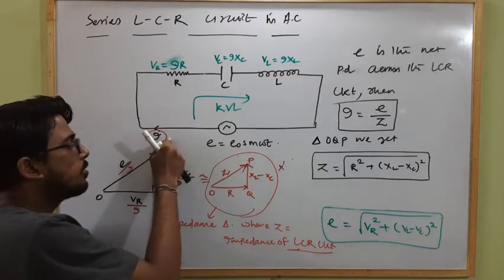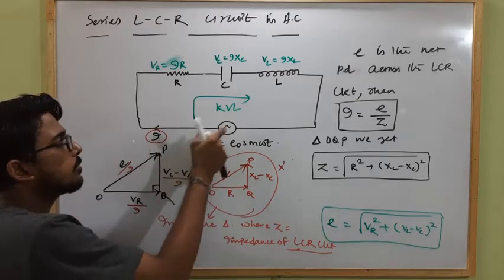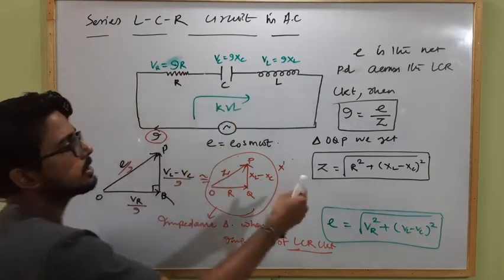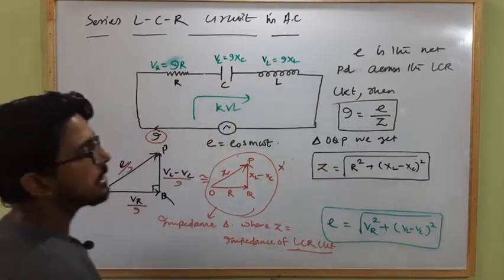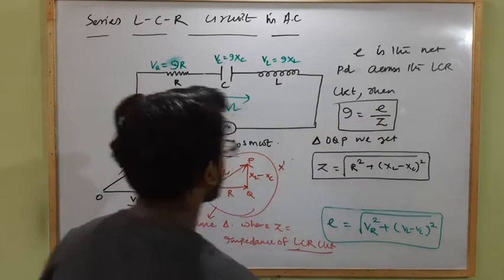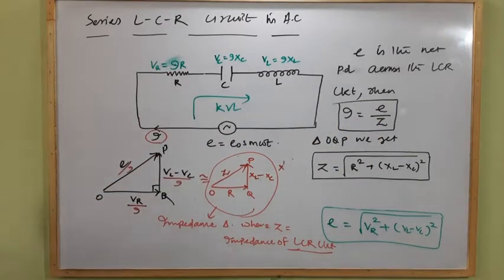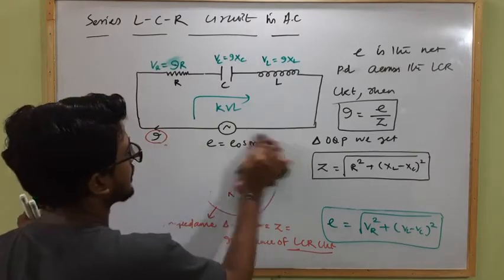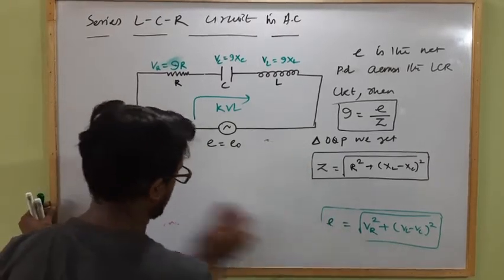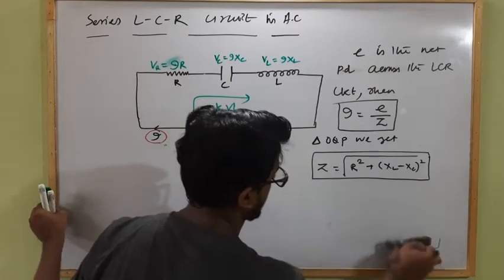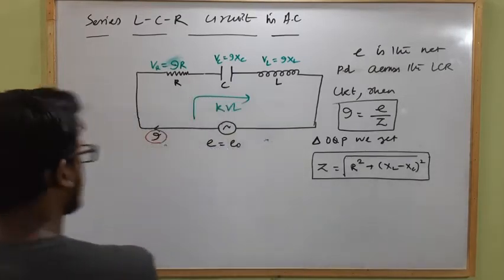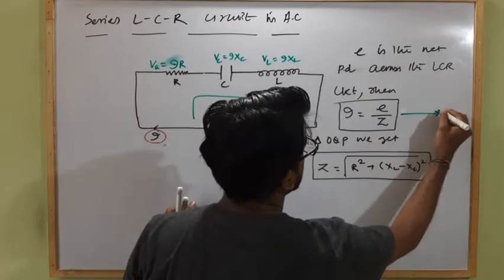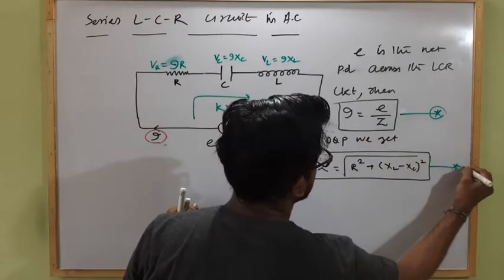So what will be the value of I? I equals the total potential difference at that instant across the circuit divided by the net resistance, which is equal to the impedance of the LCR circuit. So I equals E by Z. So from this we can write I equals E by Z at that instant, and Z is what?